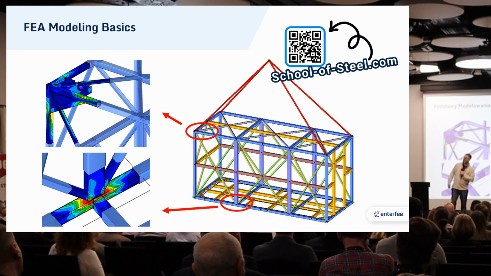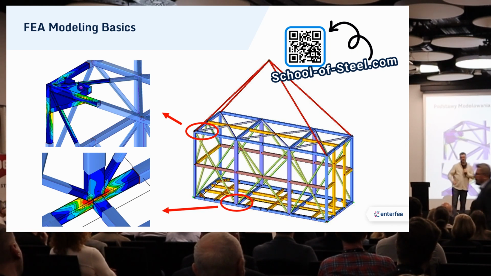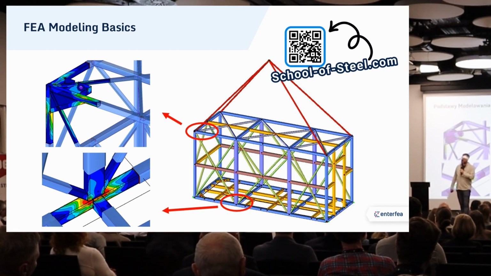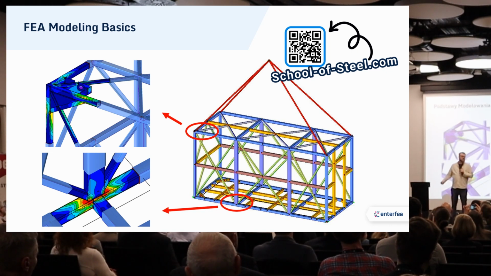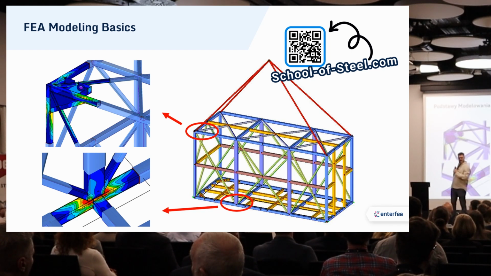Of course, in such a case, I would advise you, especially if you have a big model, to only add one or two plated connections in a model, and if you have, for some reason, several connections that you wish to analyze, then I would advise to use several different models. You don't want to end up with a huge model that you won't be able to compute in your calculations.